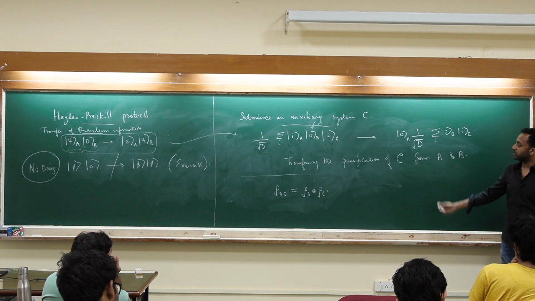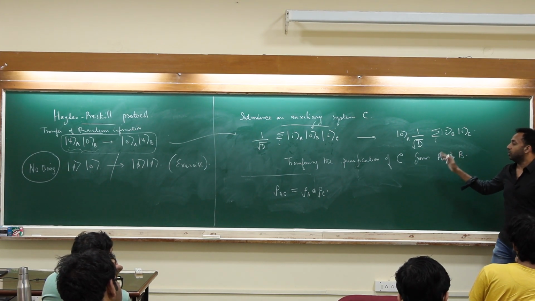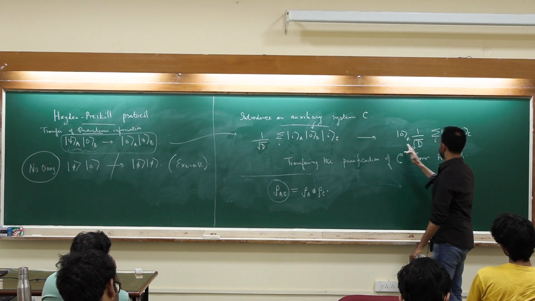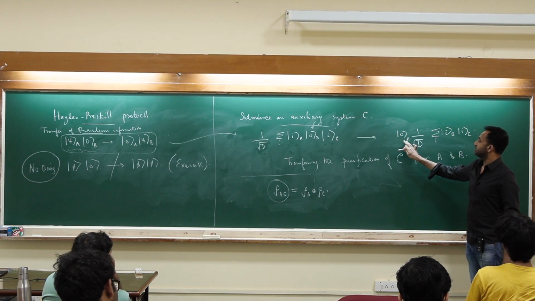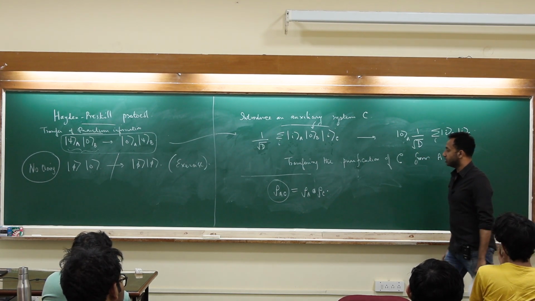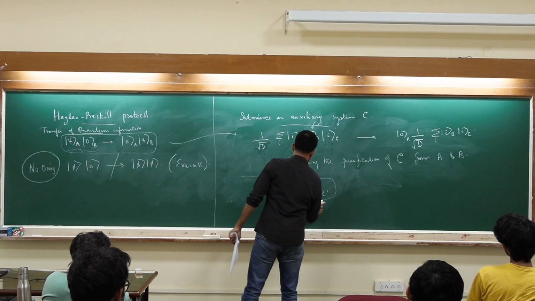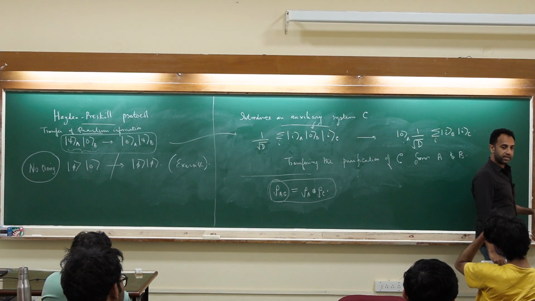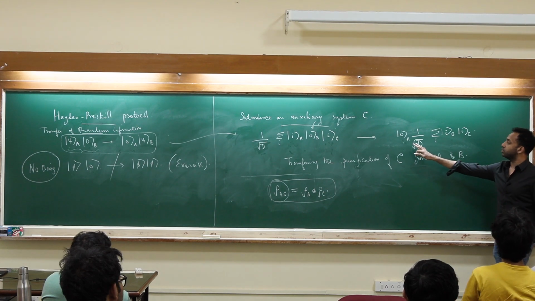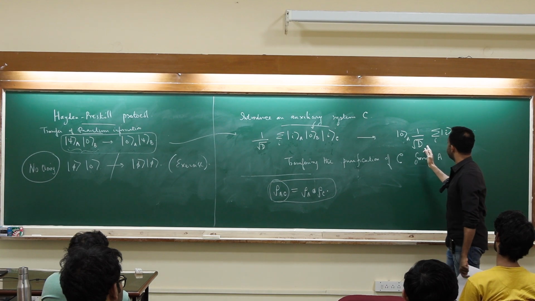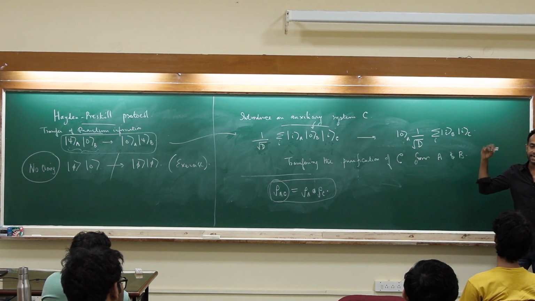If you trace over B, you would get this, which is basically just this state sitting there times rho of C. This is how you check it. If you had a system which was entangled with A in the beginning, and you want to check whether it is now entangled with something else, this is the way you can check it.